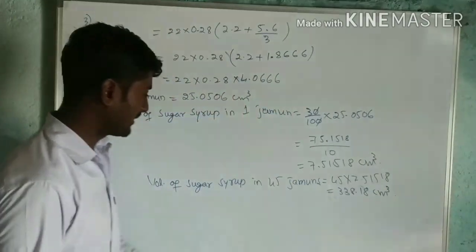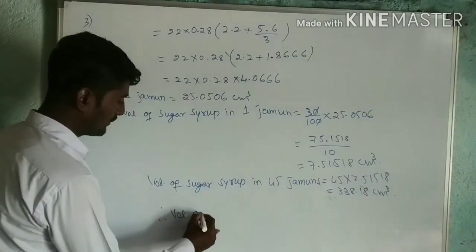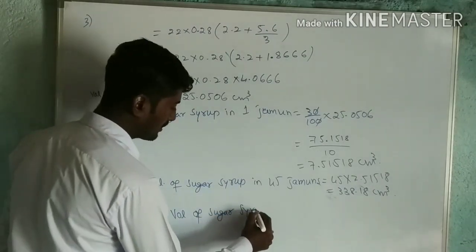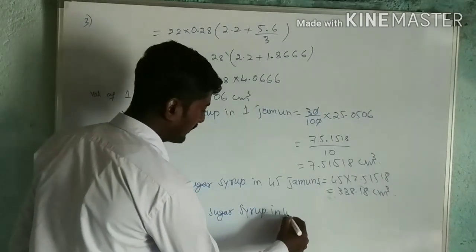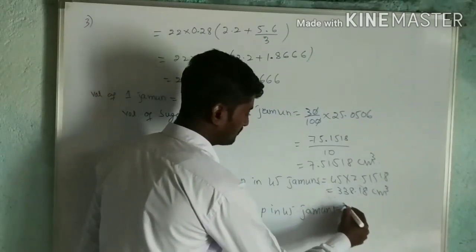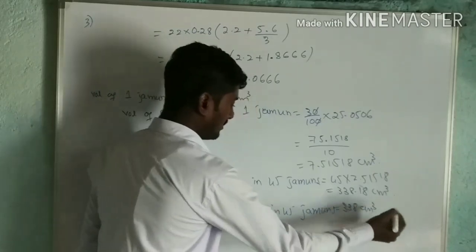So approximately, therefore the conclusion: volume of sugar syrup in 45 jamuns is equal to 338 centimeter cube.